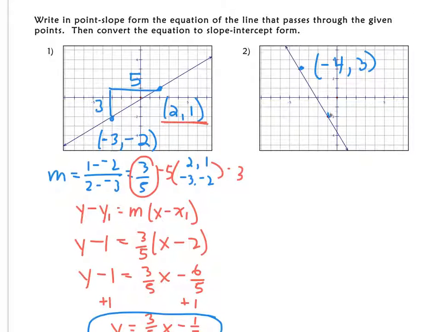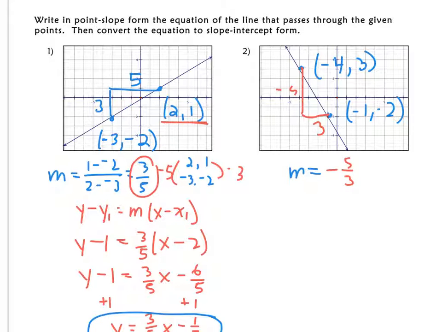Then it looks like we have another point down here at (-1, -2). So first thing I'm going to do is find my slope. This time I'll use the idea of going down, looks like 1, 2, 3, 4, 5, and over 3. So now my slope is -5/3.